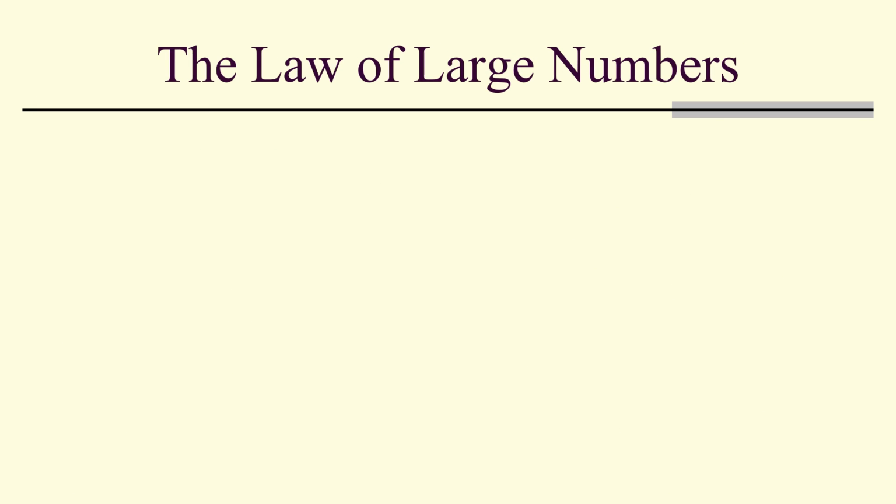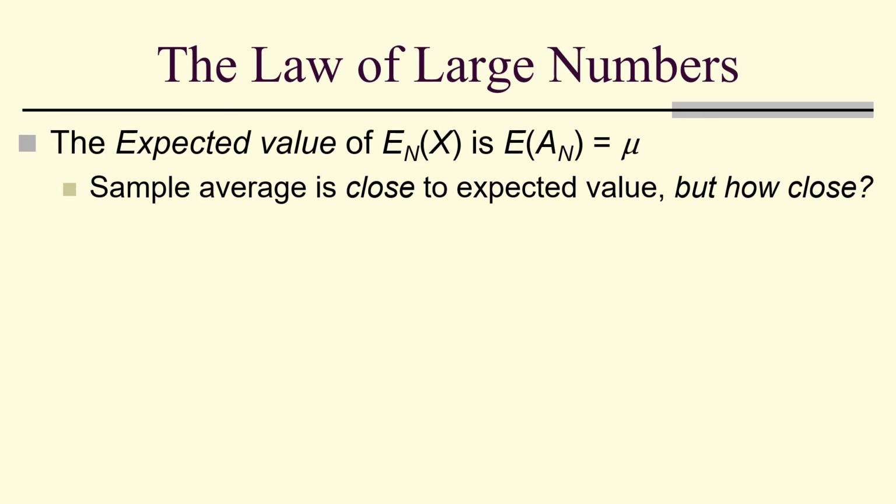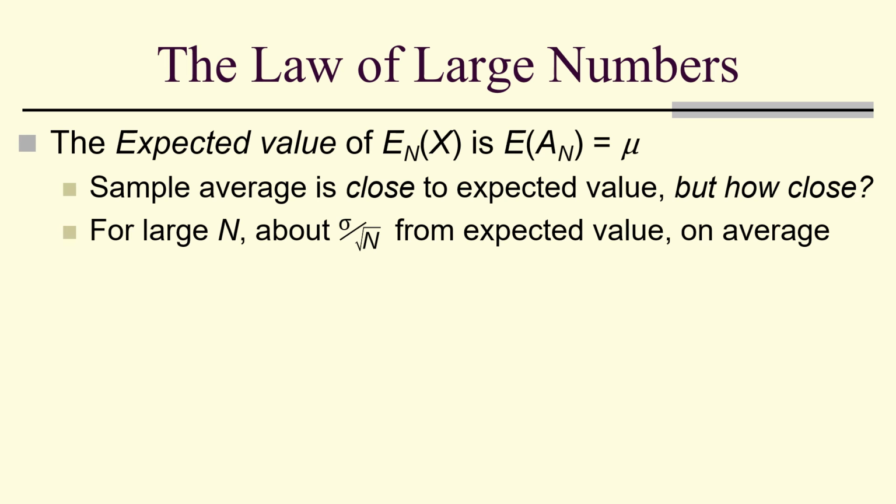So let's tie all this together using what's called the law of large numbers. The expected value of the sample mean is mu, and that means that the sample average is close to the expected value, but how close? Well, for large n, it's about sigma over the square root of n on average, and that quantity goes to 0 as n goes to infinity.